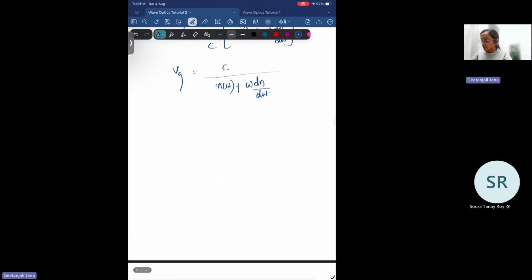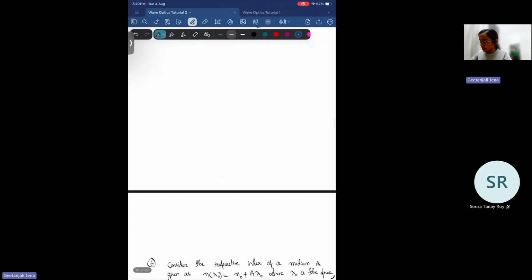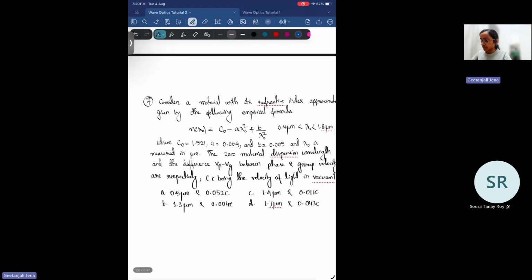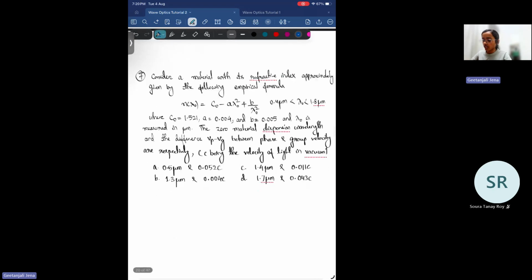Okay. So let us move on. Instead of solving question number 6, I think it's better to first solve question number 7. It will take some time because this part is not covered in the lecture, so let me solve it first.